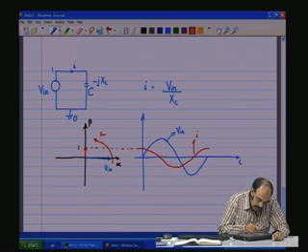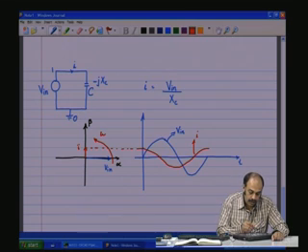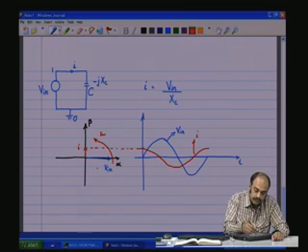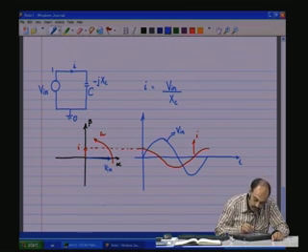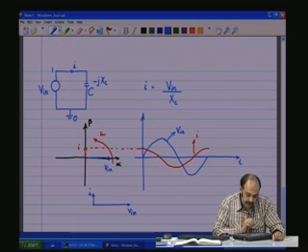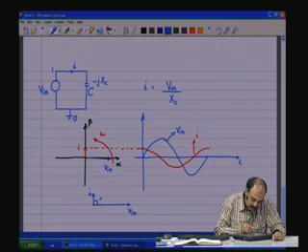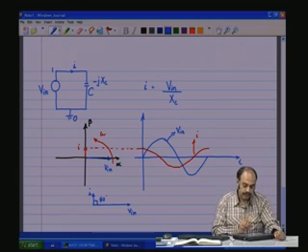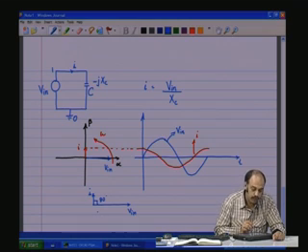So, this will be the I. Relative to the voltage V in, I now have an I which is leading the input voltage by 90 degrees. This would be the phasor relationship between the voltage and the current in a pure capacitive circuit like this.